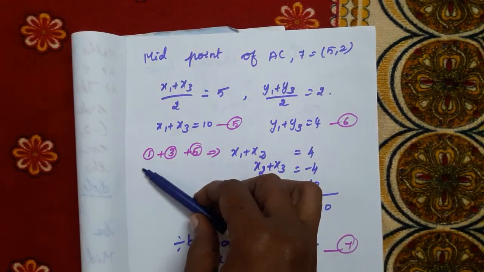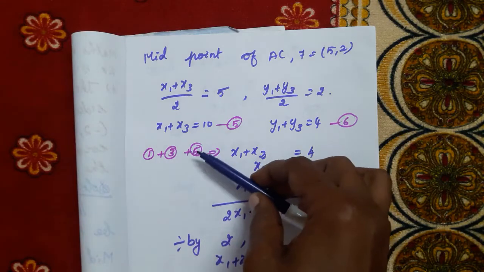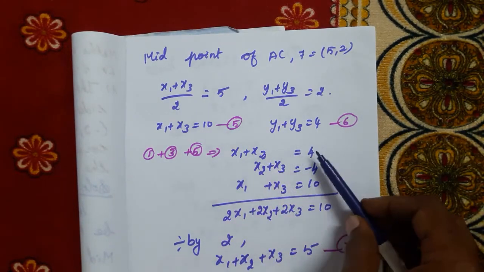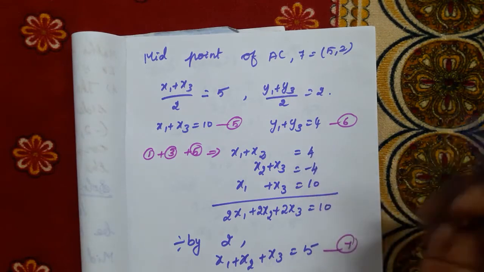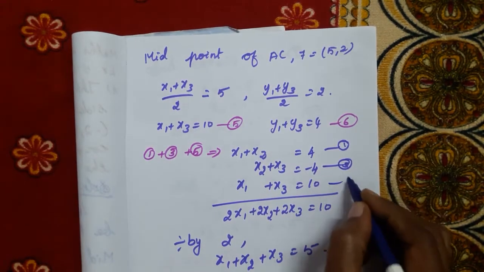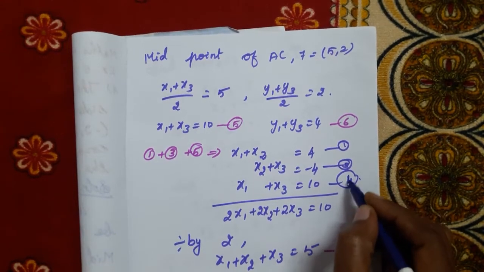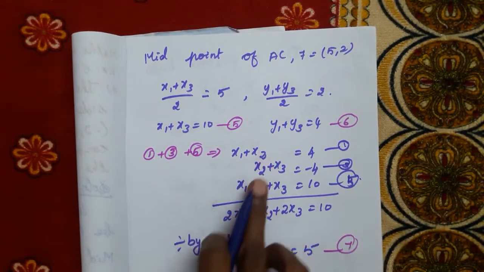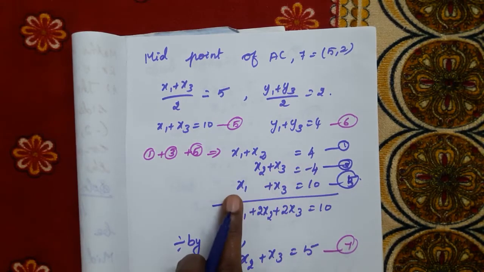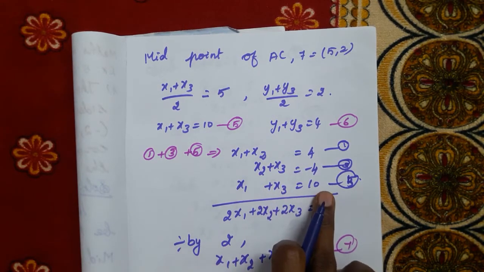Now we add equation 1, equation 3 and equation 5. Equation 1: x1 plus x2 is equal to 4. Equation 3: x2 plus x3 is equal to -4. Equation 5: x1 plus x3 is equal to 10.